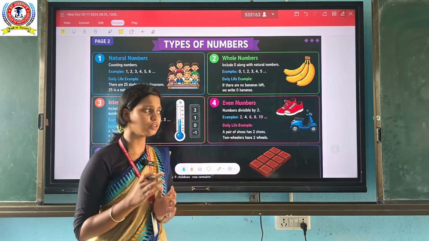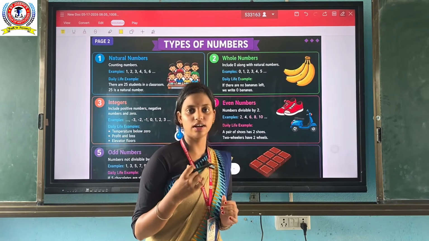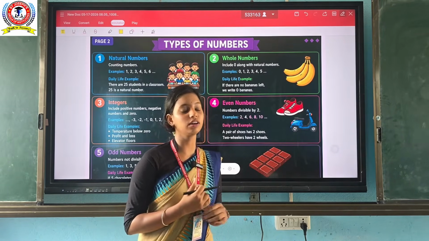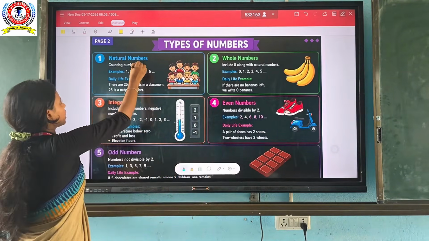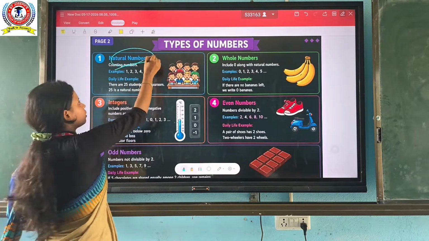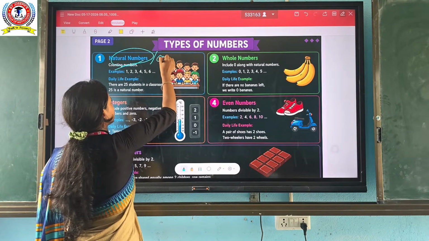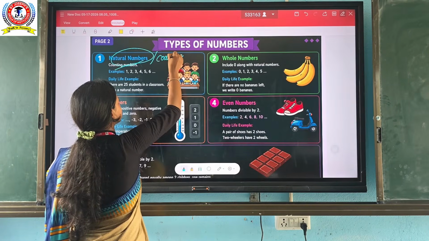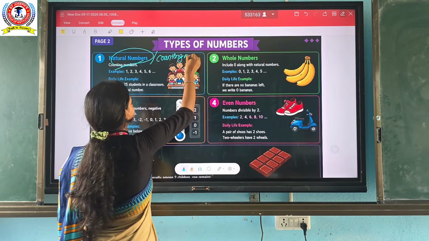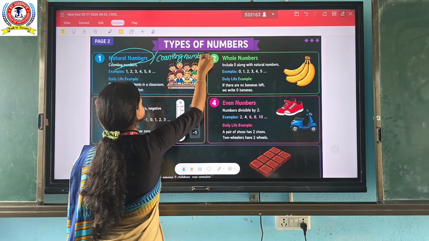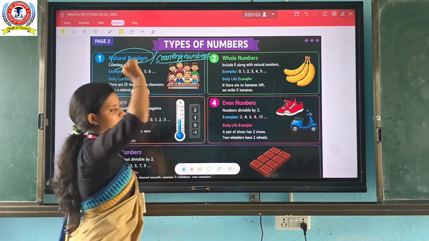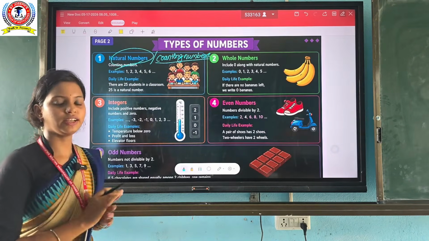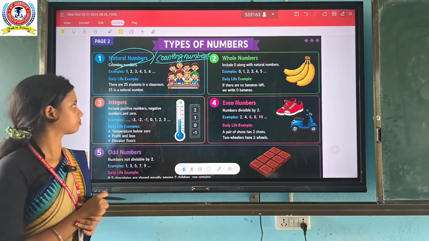So these are the numbers that come naturally to our mind. Natural numbers are otherwise known as counting numbers, because we use them for counting.